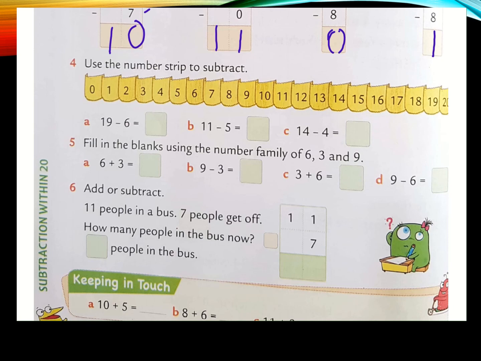Use the number strip to subtract. 19 minus 6. So keep your finger on number 19 and count 6 backwards. 1, 2, 3, 4, 5, 6. So that will be 13.